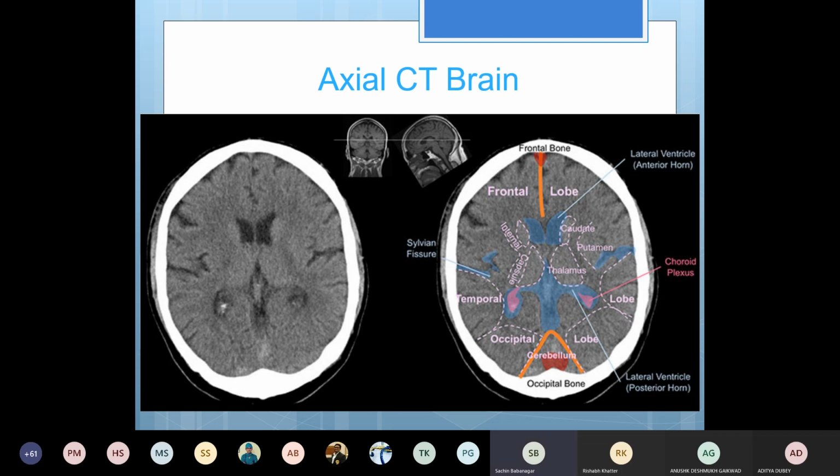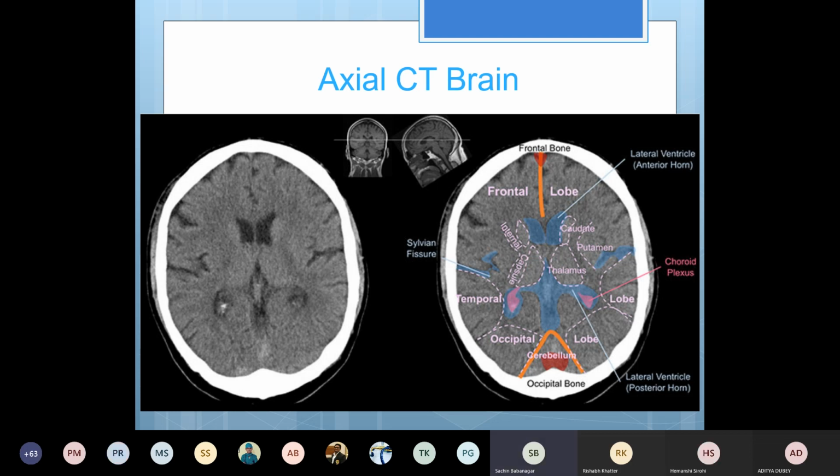So frontal lobe, and then you have the caudate nucleus, and this is the area of the internal capsule, where you can see a slightly grayer color compared to the other nearby tissue. Here you have the thalamus on either side, right side thalamus, left side thalamus, and these are the lateral ventricles.